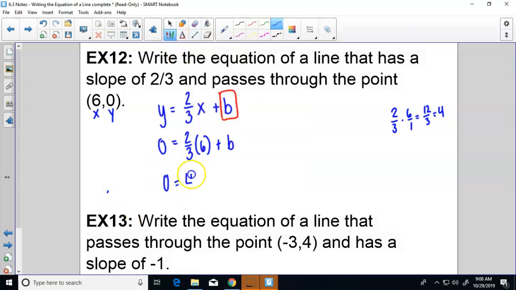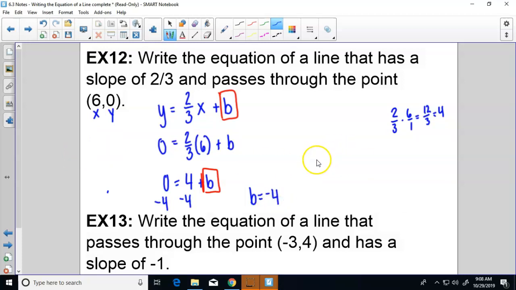4 plus b. And then we want that b right there by itself, Cole. So what do we need to do? Good. And so what do we get for our b, Cole? Not quite. -4. Okay?